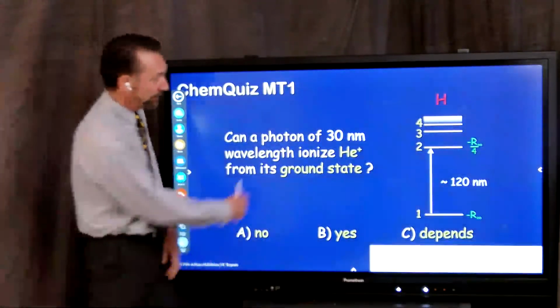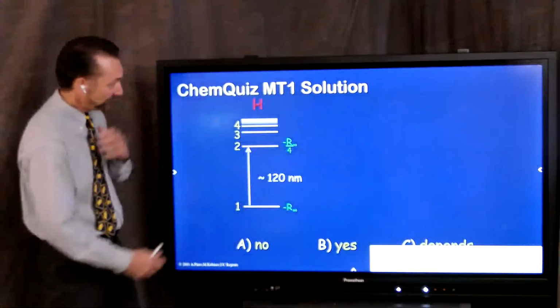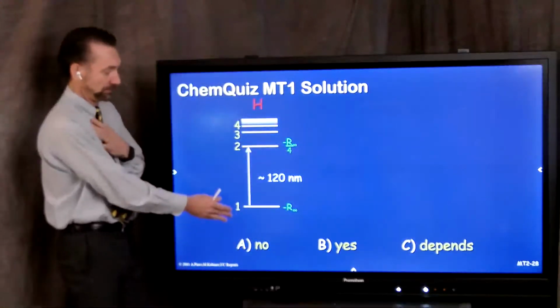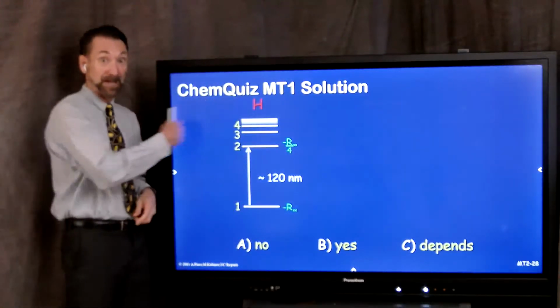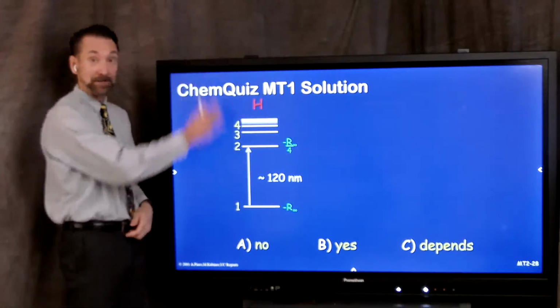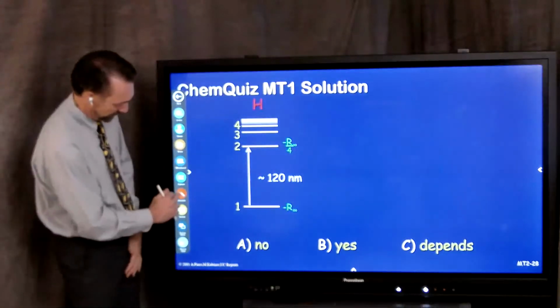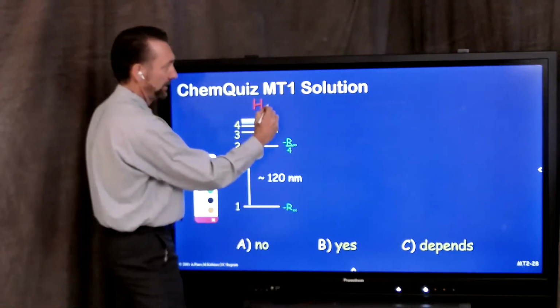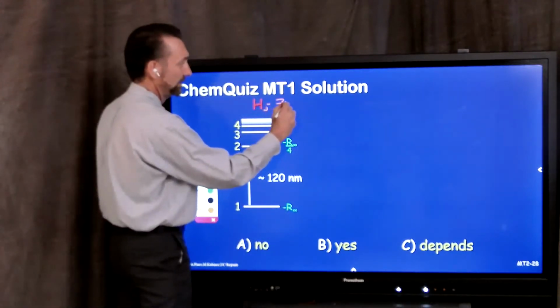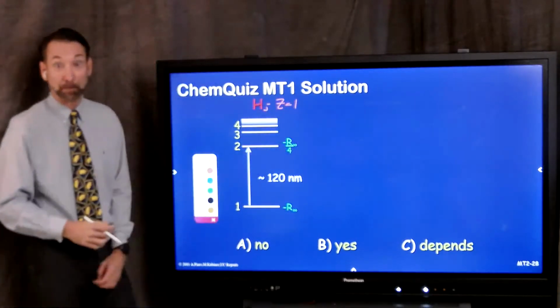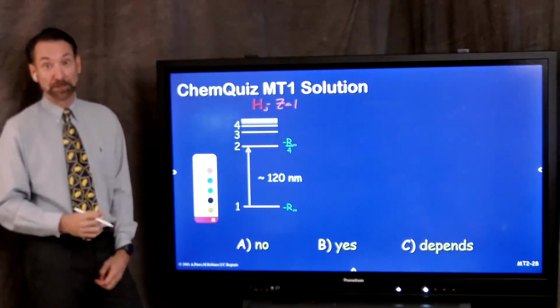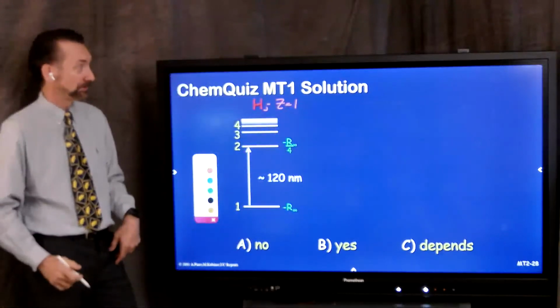So first thing we should realize is the figure I drew was for the hydrogen atom. I'm asking you to think about helium, but I drew hydrogen. So for hydrogen, Z is 1. Z is the atomic number, the number of protons in the nucleus, the number of charged particles.